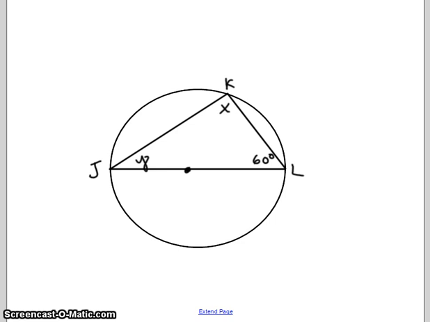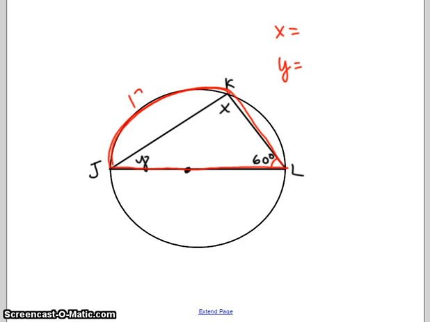Next one, let's solve for x and y here. We have a triangle that's inscribed inside of our circle, and this is the diameter here. We know that angle L is 60 degrees, so arc JK, which is the intercepted arc for angle L, angle L makes this arc.